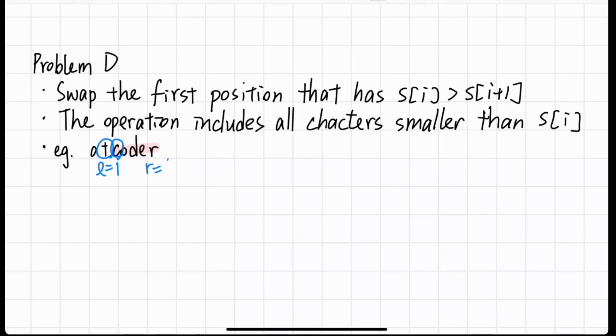I think this is 6. Okay. Yeah, and so we would shift all the characters C, O, D, R to the front, and then T would go to the back. And this would give us this.